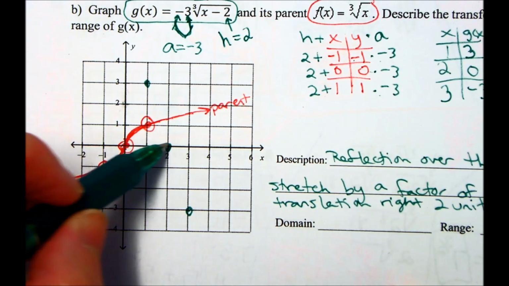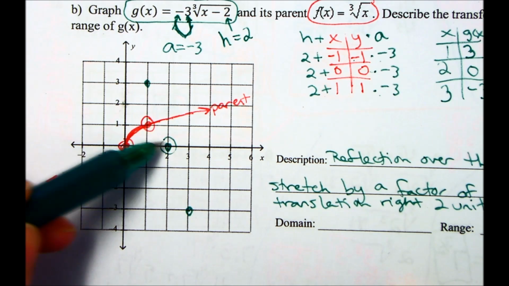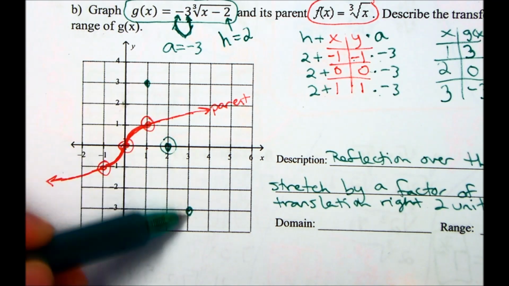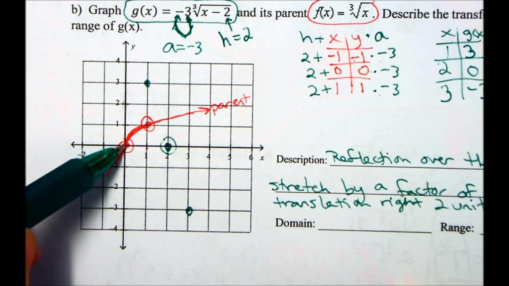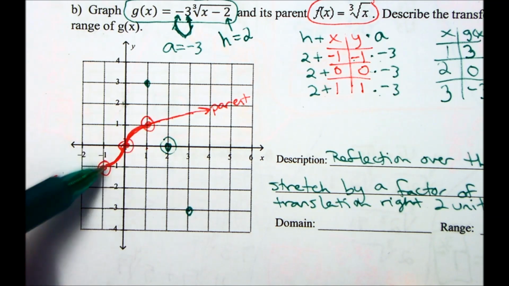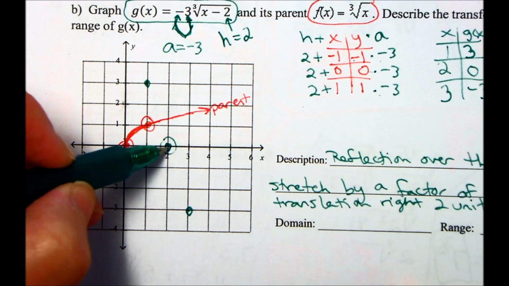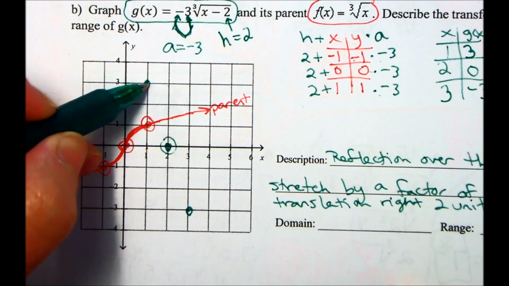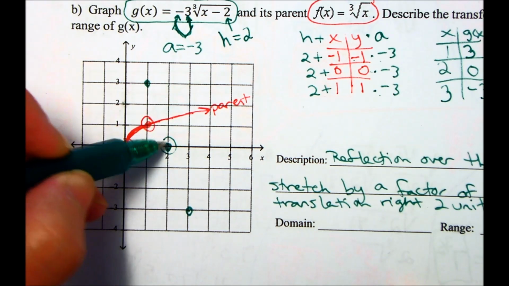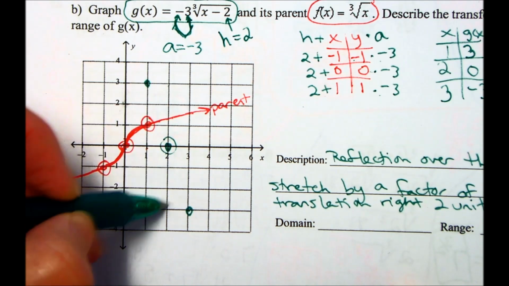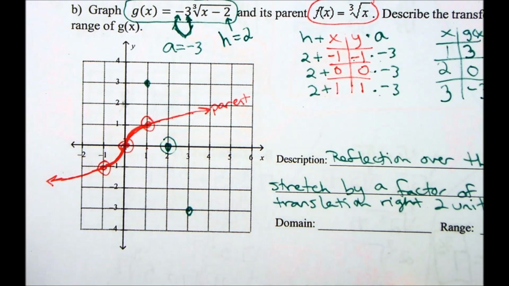But notice your center point is a lot farther away from these two other points, where in your parent, the center point is only 1 up and 1 over from each of those points, where now your center point is 3 over 1, has a rate of change or ratio of 3 to 1 on both ends.